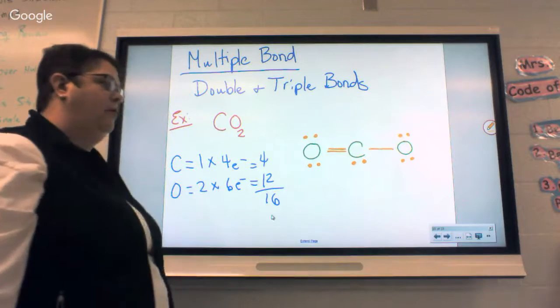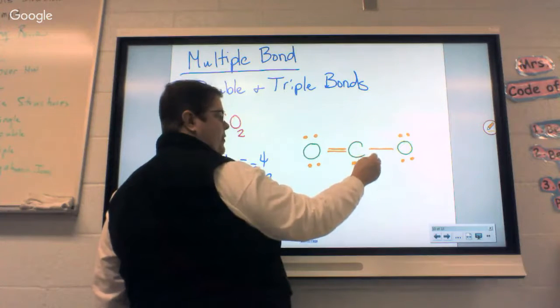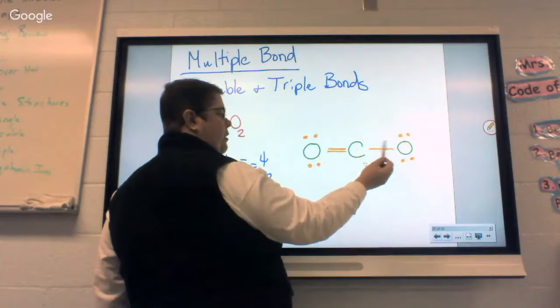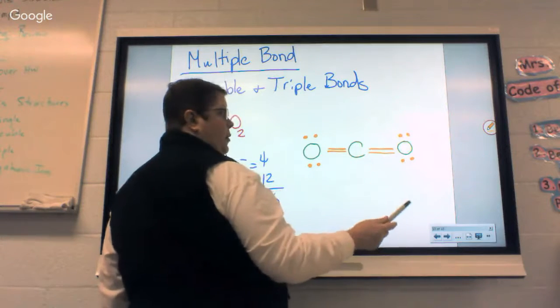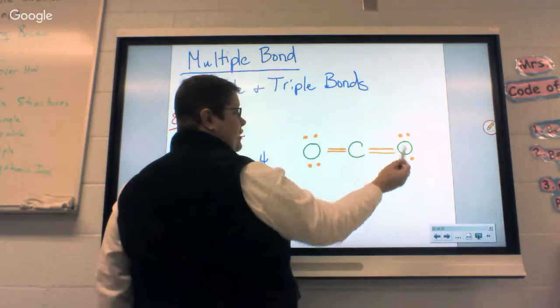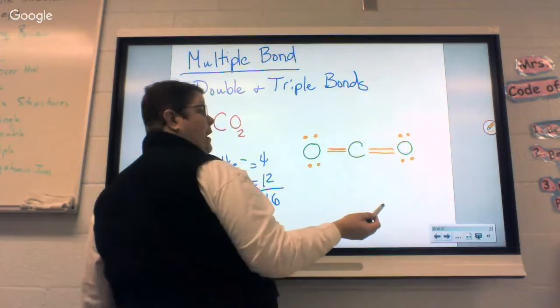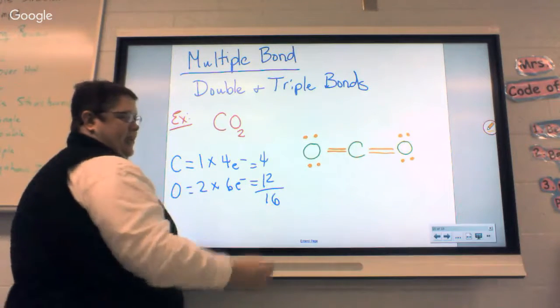What is C going to do with these 2? Same thing. It's going to take those 2 and put them here, so it has 2, 4, 6, 8. Now everybody has 8, and I still have 16.